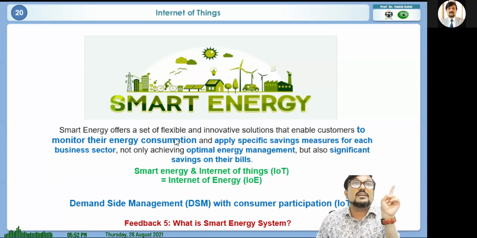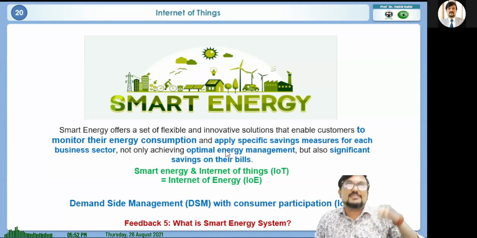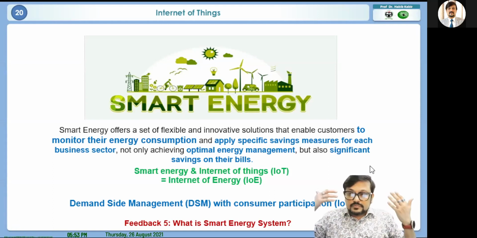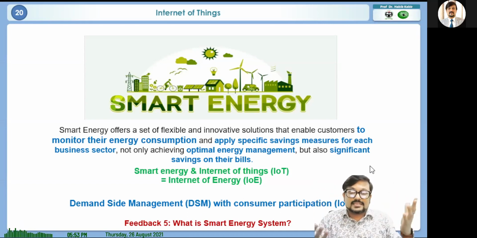Monitor their energy consumption, then apply specific saving measures for each business sector, not only achieving optimum energy management but also significant savings on their bills. Still, if I ask you, do you know when the peak hour is, how much the bill size is, though we have the DESCO app, nobody cares.